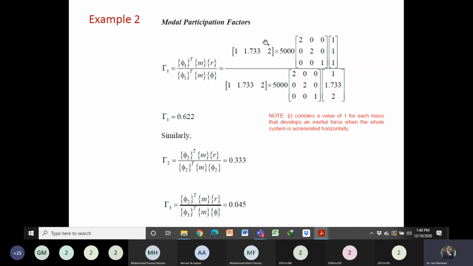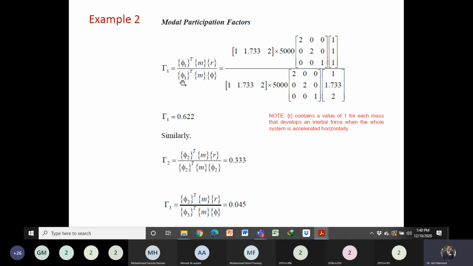So influence coefficient value for the mass which will not have the inertial force will be equal to 0. And for this mass which will have the inertial force, it will be equal to 1. So these three masses in this example will have the inertial force. So influence coefficient value for these three masses is equal to 1, 1, 1.